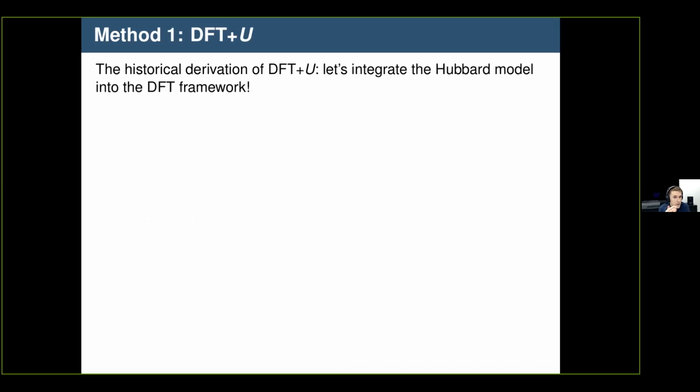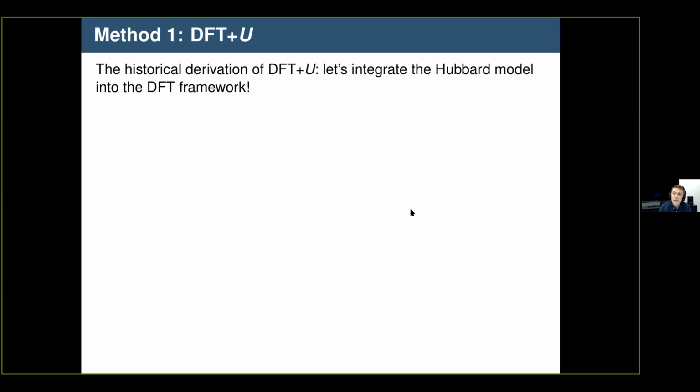So we know that DFT does transition metal oxides poorly, but we know that the Hubbard model has successfully explained the Mott insulator. And so the motivation was, well, perhaps if we manage to integrate the Hubbard model into a DFT framework, then perhaps the resulting theory will inherit the Hubbard model's ability to accurately model transition metal oxides.